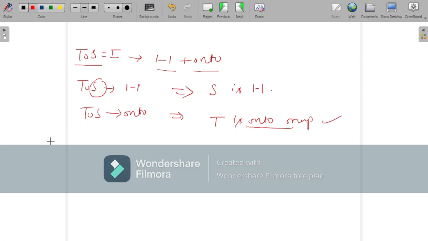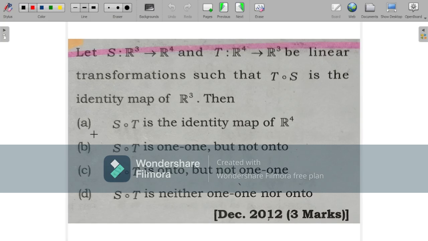Now, the first option is S composition T is the identity map of R4. S composition T is 1-1 but not onto. S composition T is onto but not 1-1. S composition T is neither 1-1 nor onto.